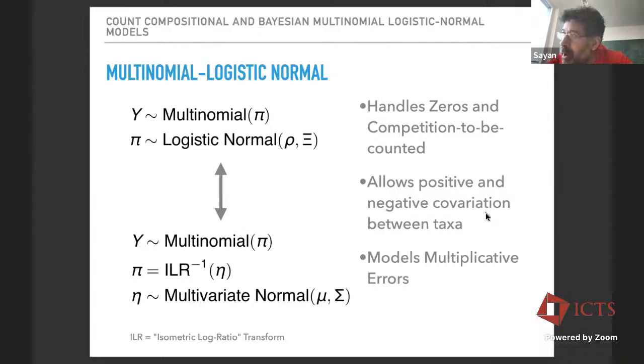Now, what I'm going to advocate for is, instead of doing it this way, do the same thing with Y, but do a transformation on the pi. And that transformation will let us go back to the multivariate normal. And there are some good arguments for why you want to do that.